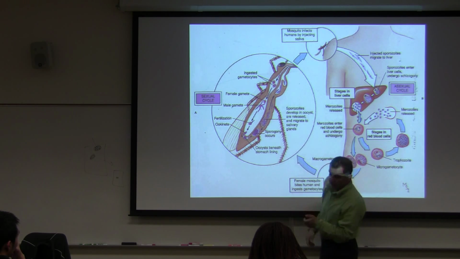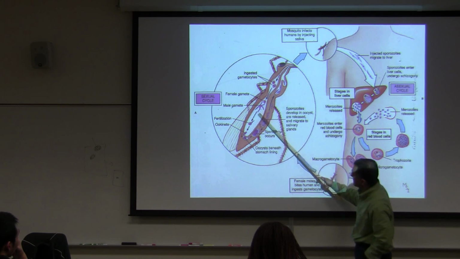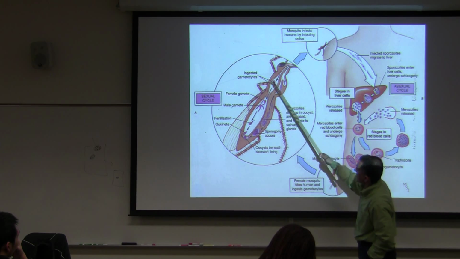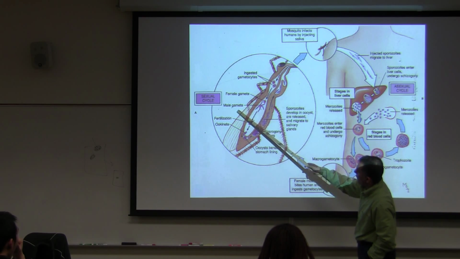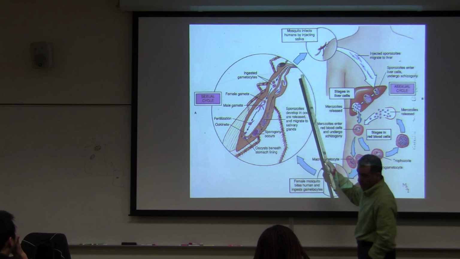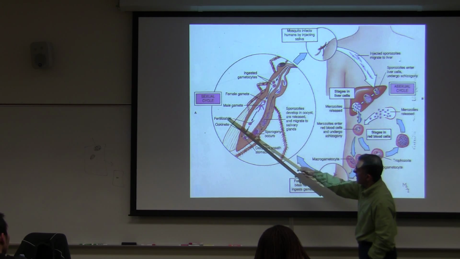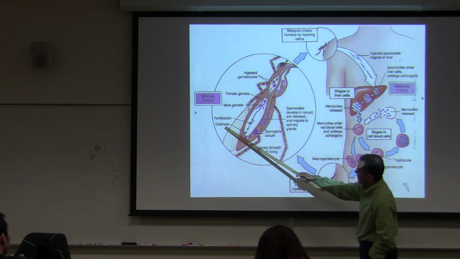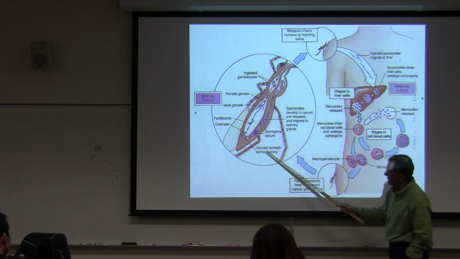They go inside the mosquito gut. This is the inside of the mosquito gut. The gametocytes, the microgametes and macrogametes, come together, and the male gamete becomes flagellated. You remember that? We talked about it. Then they come together, fertilization, a zygote forms, and it eventually becomes an oocyst.